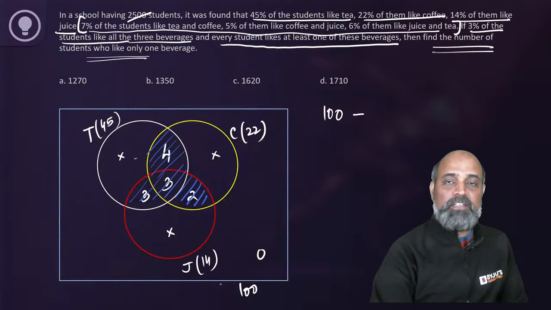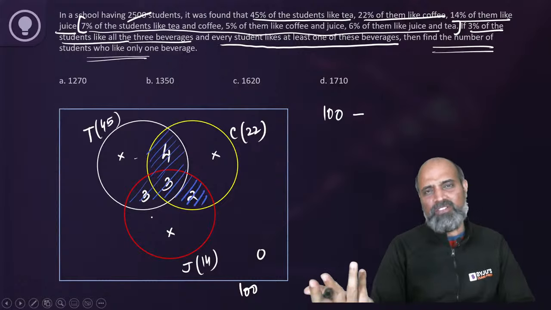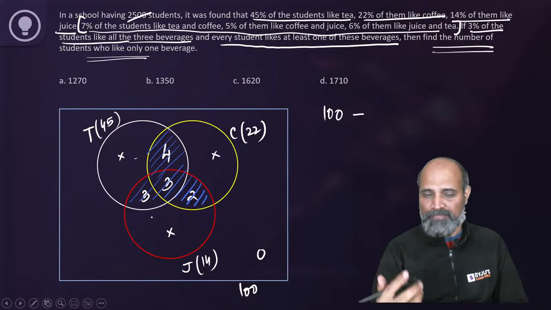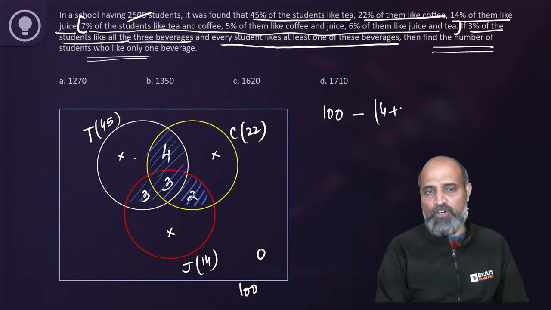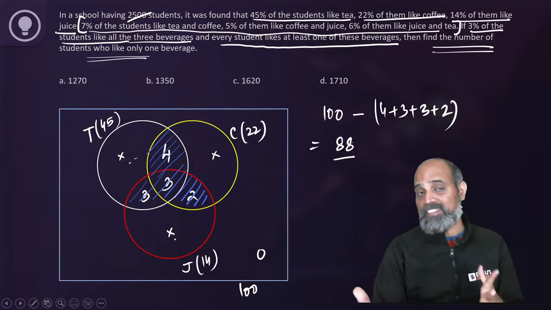So let's do that. Rather than trying to figure out these three values, just subtract directly. Why waste time? So 100 minus 4 plus 3 plus 3 plus 2, which is going to be 12. So 100 minus 12 is 88. So the sum of these 3 regions is 88.